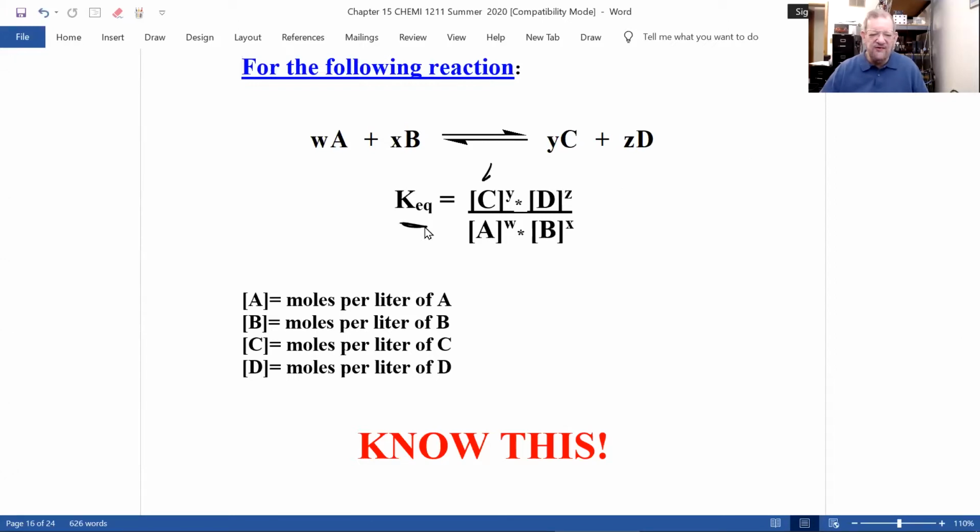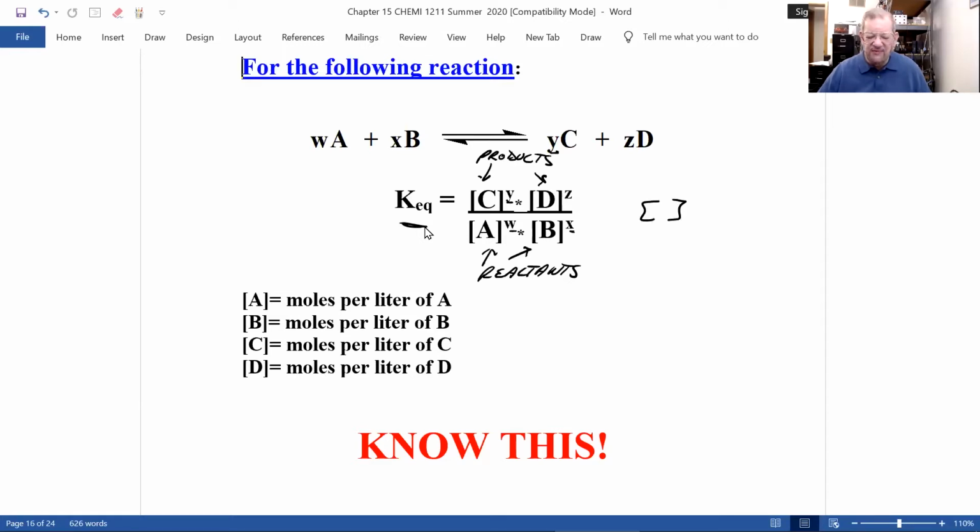The concentration of the products to the power of the coefficient in the balanced chemical equation, which I will always give you, and you multiply it, divided by the concentration of the reactants to the power of the coefficient.